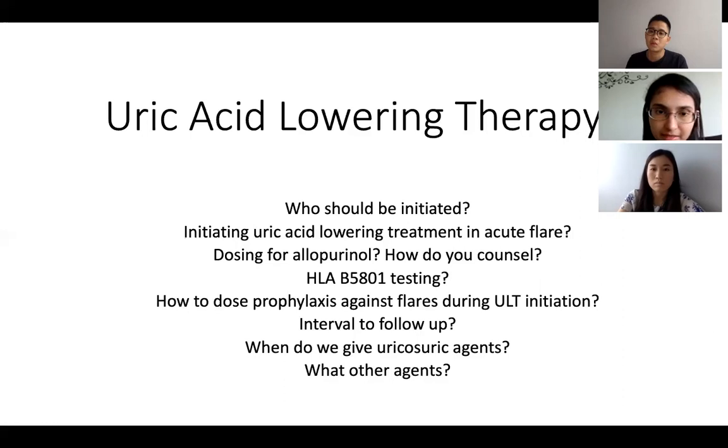Because it's a uricosuric agent, you're clearing your uric acid through the urine and your renal tubules, so you need to be able to drink at least about 2 to 3 liters of water per day. Because most of our patients are working and dehydrated, they're not able to do so, so we tend not to use that as first line. Also, partly because it is not a once a day dosing, whereas allopurinol is a once a day dosing. So for convenience's sake, we tend to prefer allopurinol over probenecid.